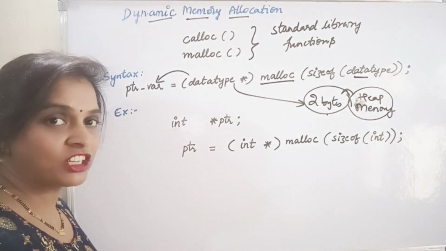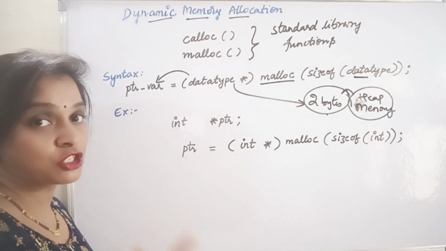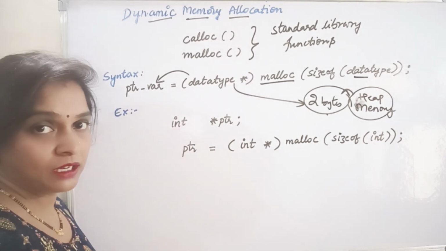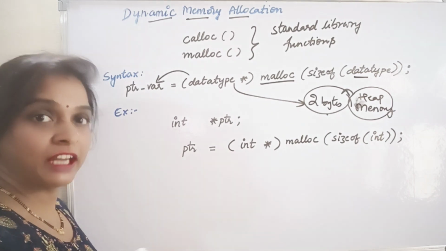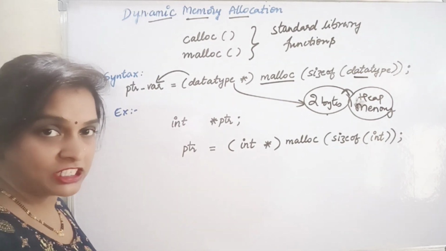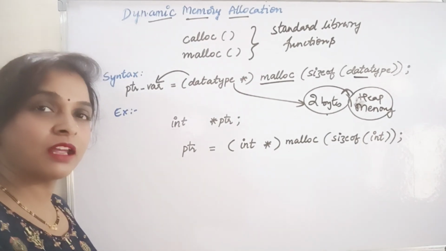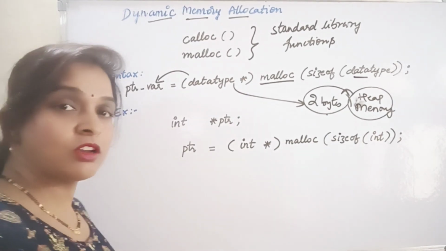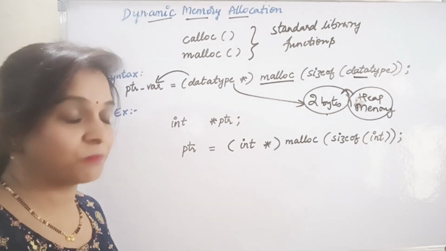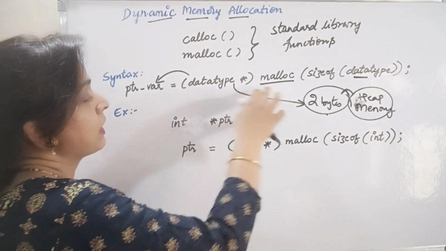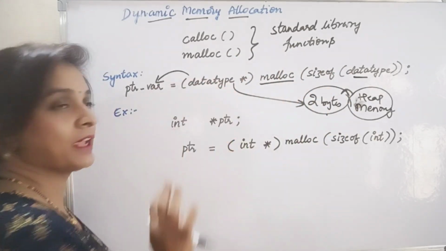We all know a pointer variable is a special variable that holds the address of another variable, but it should be of the same type. So if it is an integer variable, then I have to create an integer pointer only, so that an integer pointer can point to 2 bytes of memory. If it is a float variable, then I should have a float pointer only, because the float pointer can point to 4 bytes of memory. In the same way, this malloc function is going to allocate the memory, and it is made to point to by a pointer.